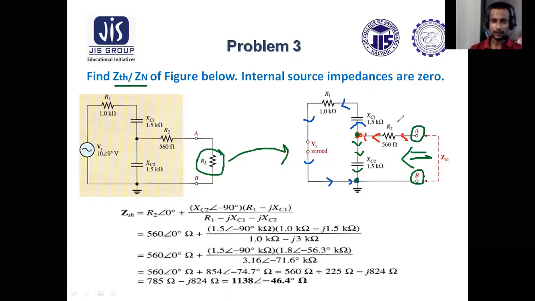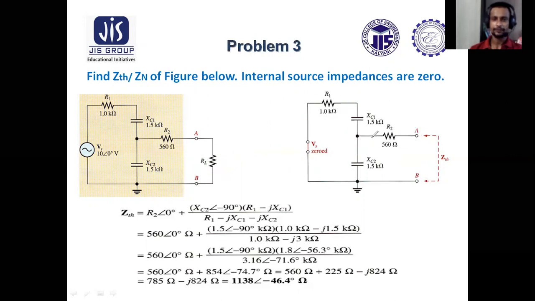So what can we conclude here? This path and this path, blue and green paths, are parallelly combined.